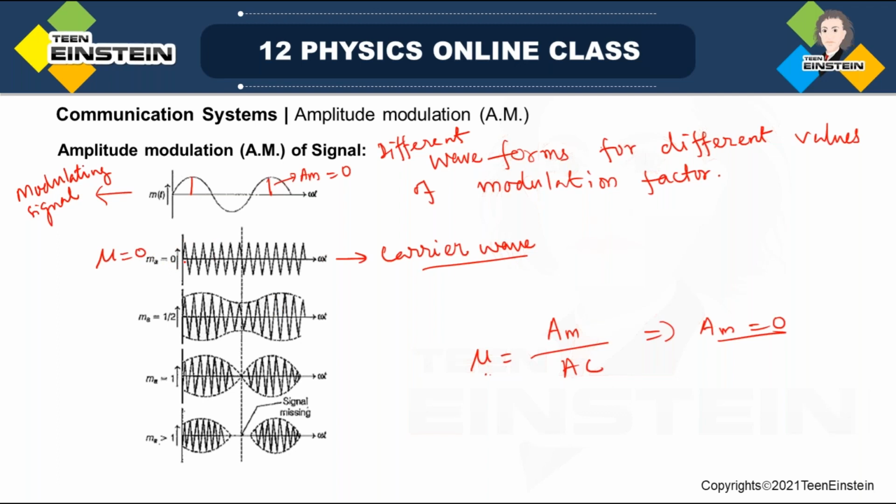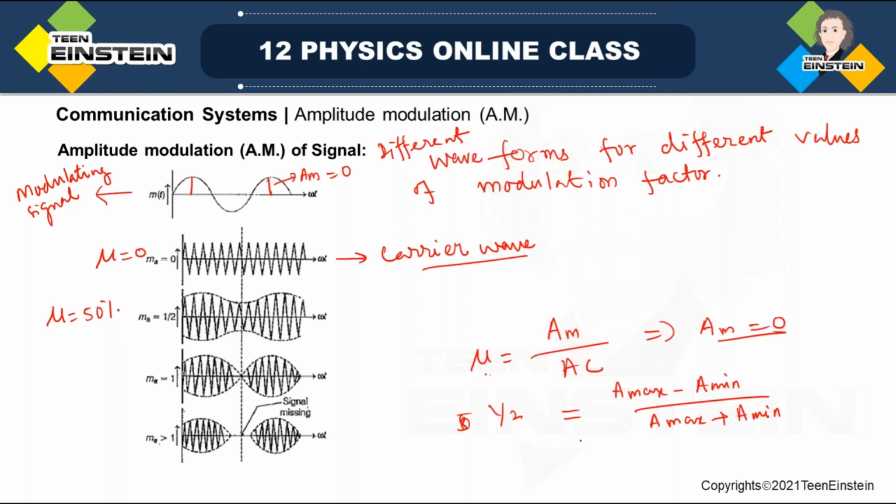Now if mu is 50%, then what will happen? We know that mu is 50% means it will be half. This is A max minus A min divided by A max plus A min.